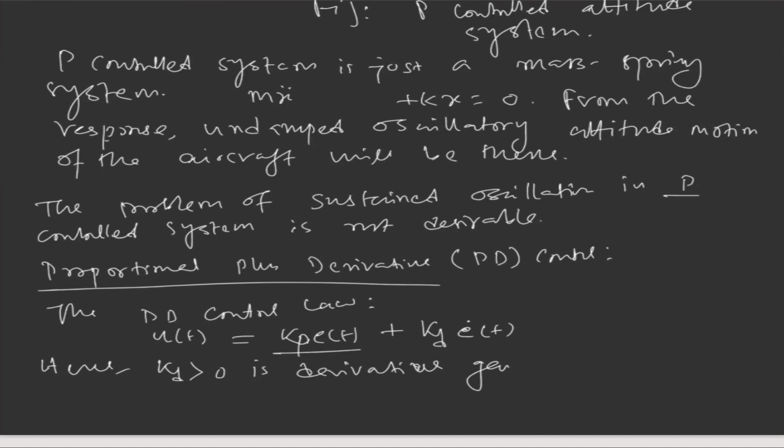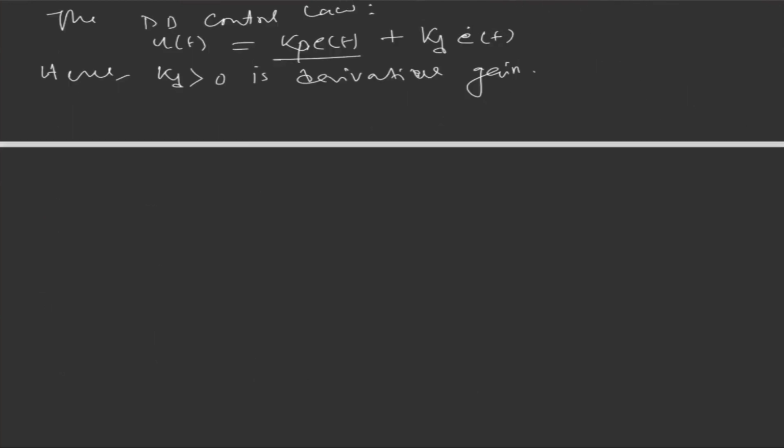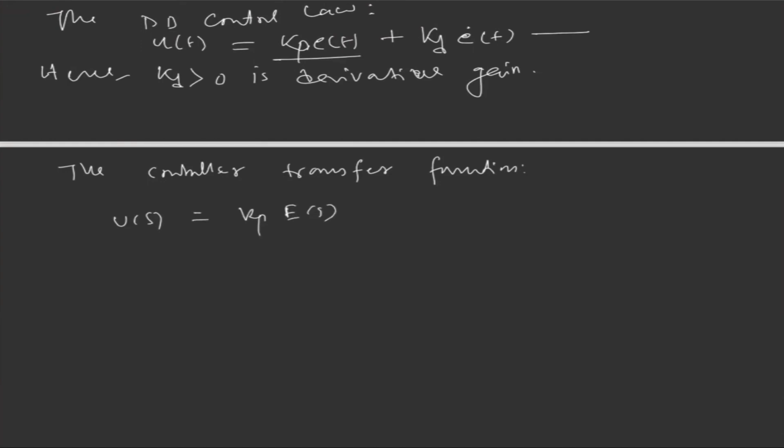Now we'll find the transfer function for the controller law. So the controller transfer function, we can write, if you take the Laplace transform of this equation, U of s equal to Kp E of s plus Kd s E of s.